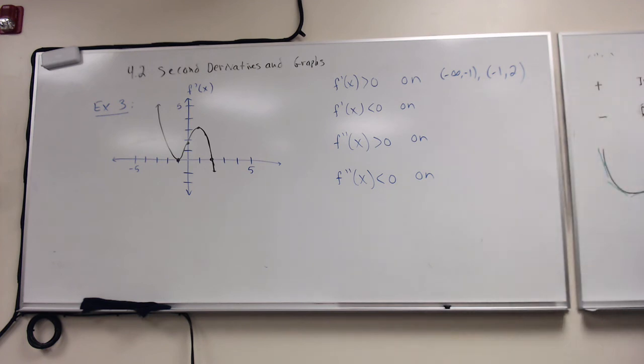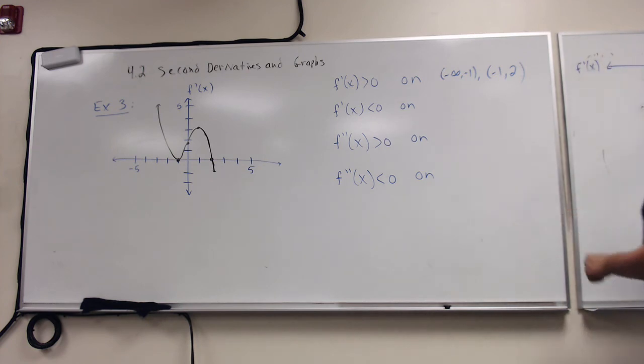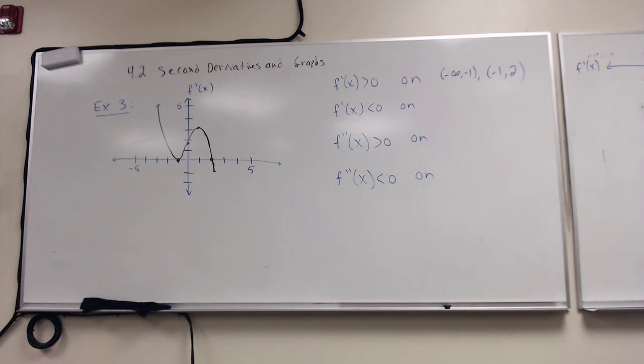As a matter of fact, we can convert this into a sign chart for f prime. Essentially the critical number is going to be negative 1, because that's where the derivative is 0. And, well, positive 1 and 2, my bad. So you have two places where the derivative is 0.